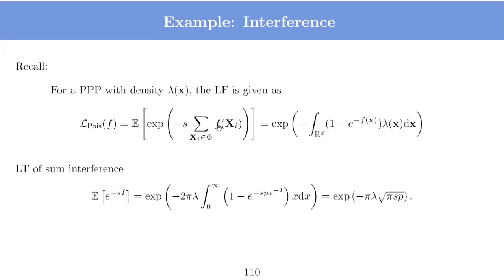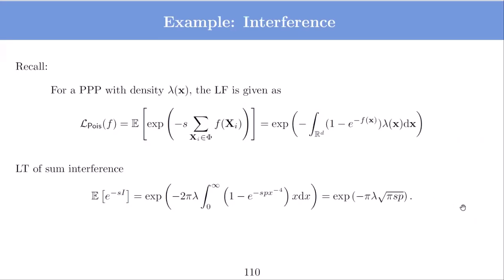So there will be an s term here, and there will also be an s term here. The Laplace transform of the sum interference would then be computed by putting the function value with s here, which becomes sP x to the power minus 4, supposing alpha is 4. And then we can compute this integration to get the exponential of minus pi lambda, pi sP, and so on.